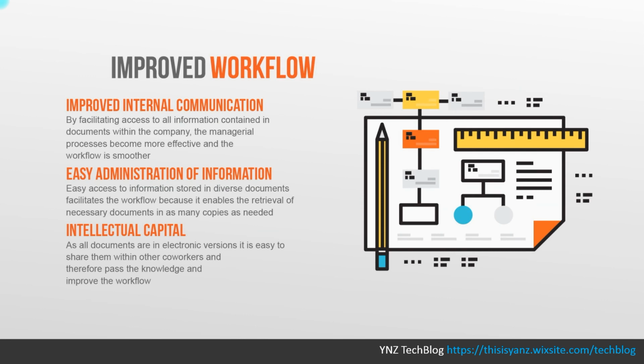The next thing is the workflow. With the workflow, it's very easy to administer the information. It enables the retrieval of necessary documents in as many copies as needed. You also improve the internal communication by facilitating access to all information contained in the document. The managerial process becomes effective.